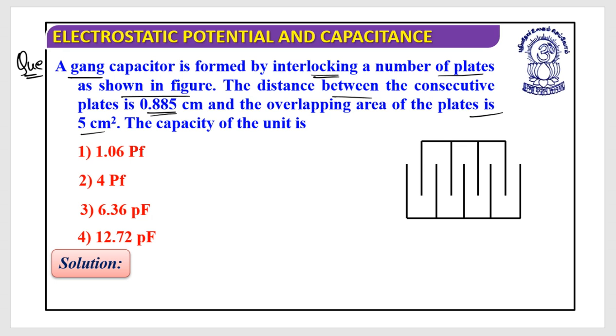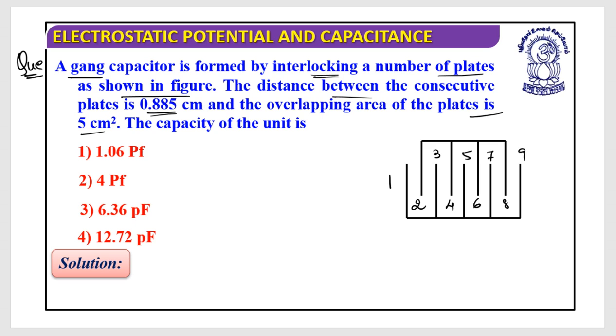So first let's find the equivalent capacitance. In the first situation, let's calculate the number of plates. This is first, second, third, fourth, fifth, sixth, seventh, eighth, ninth.